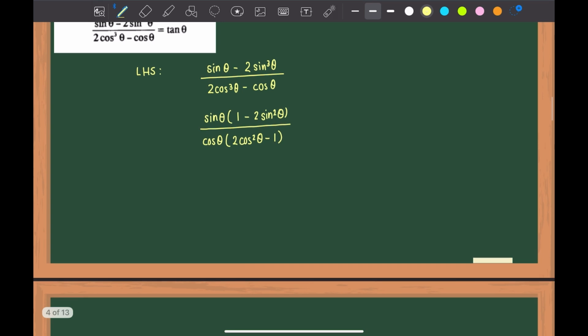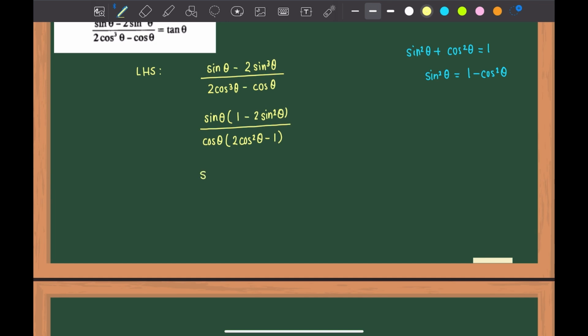So what I can do is that I already know this particular relation, sine square theta plus cos square theta is equal to 1. Let us try to convert any one of them. If I am making sine square theta as the subject, I will be getting 1 minus cos square theta.